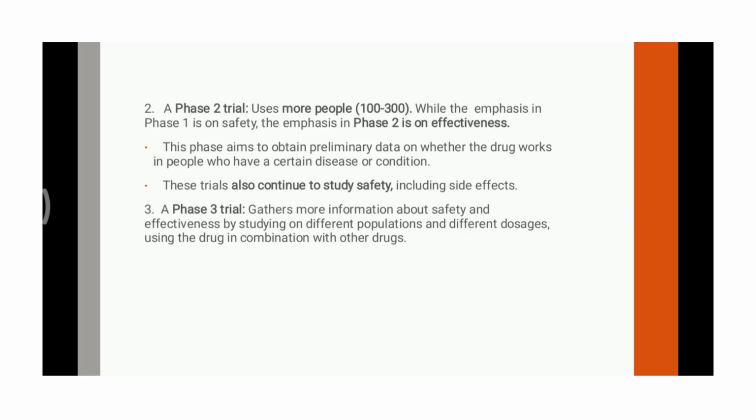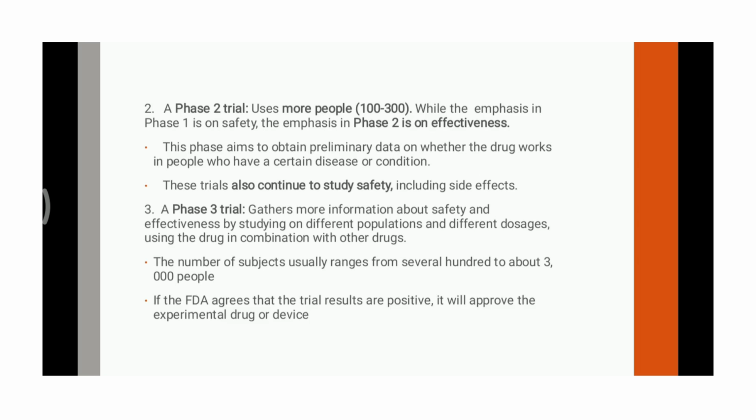Obviously, we have to gather more information now about safety and effectiveness by studying different populations and different dosages, and using the drug in combination with other drugs. The number of subjects usually ranges from 300 to 3000 people.